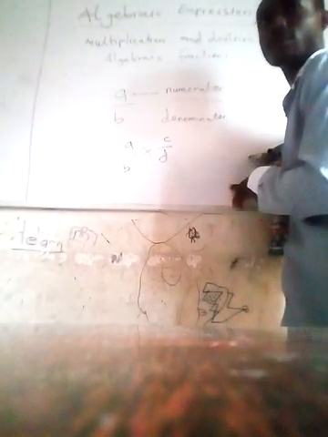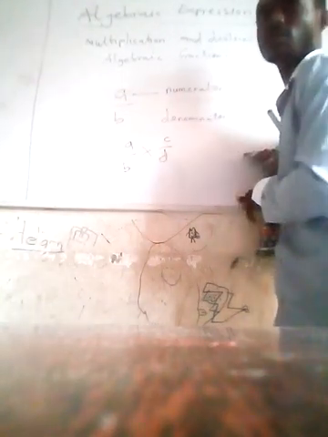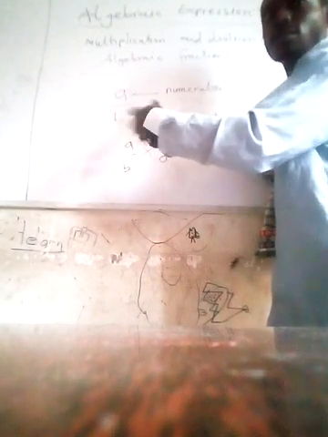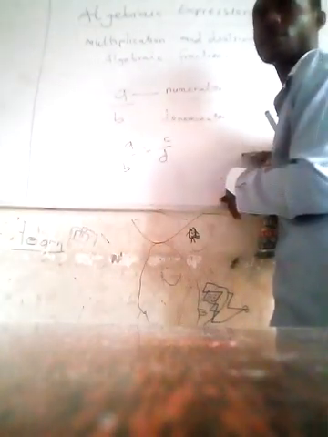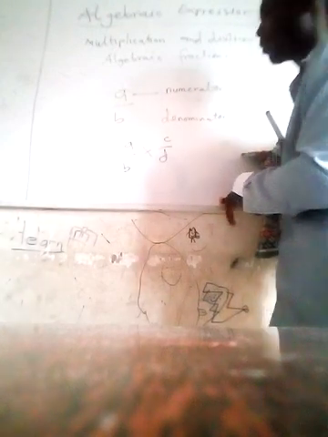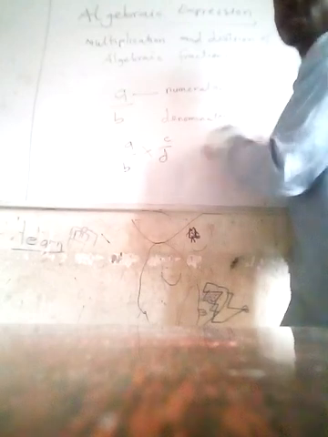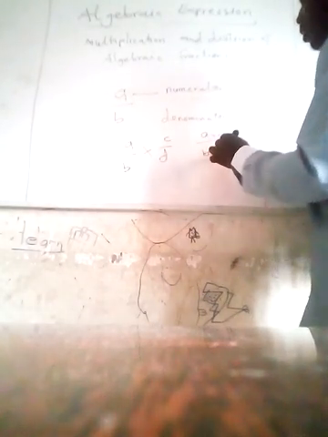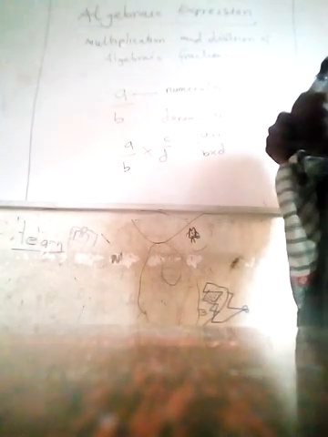You can do cross cancelling if they are the same, and if they can cancel, then you can cancel across. Do you understand? Okay. So this one, AC over BD. So A times C over B times D. Do you understand?